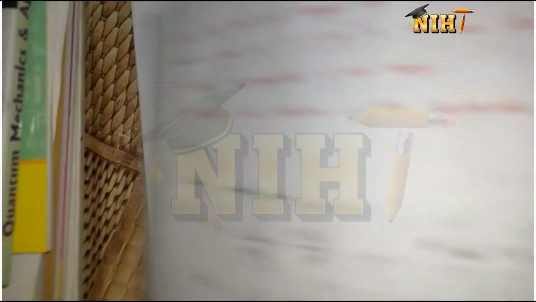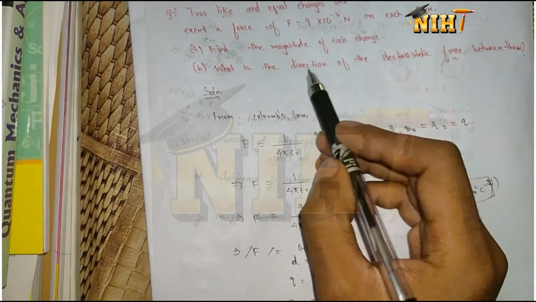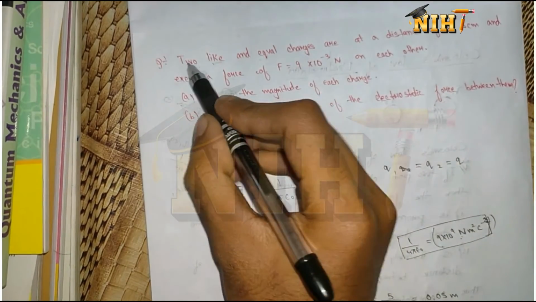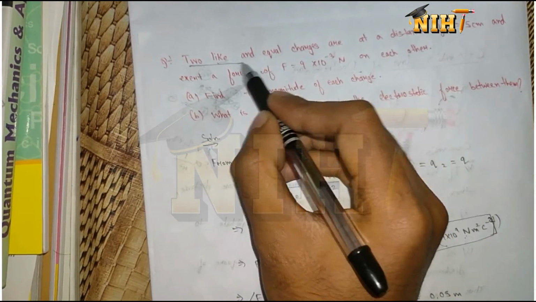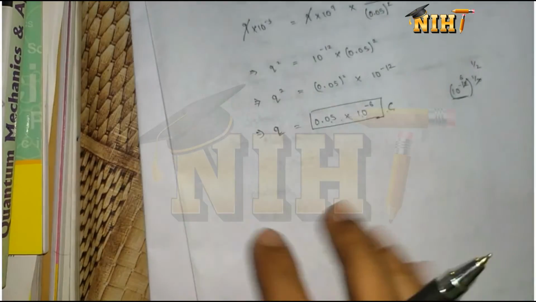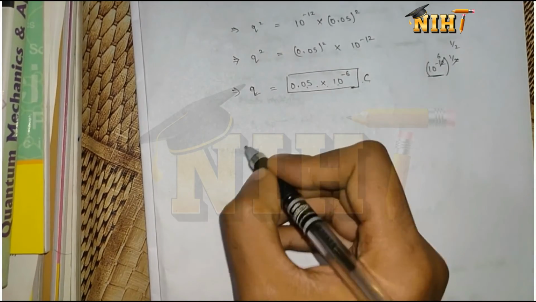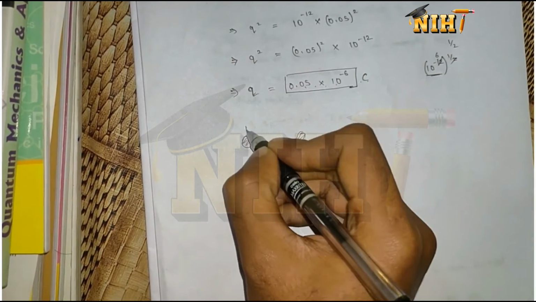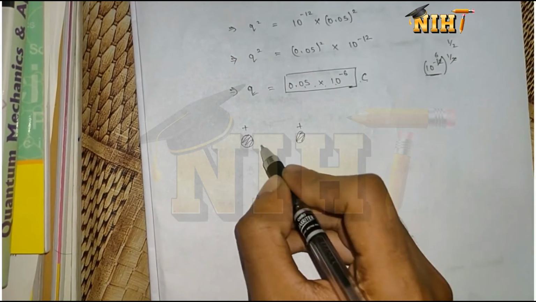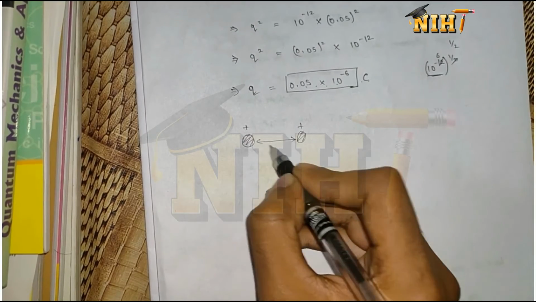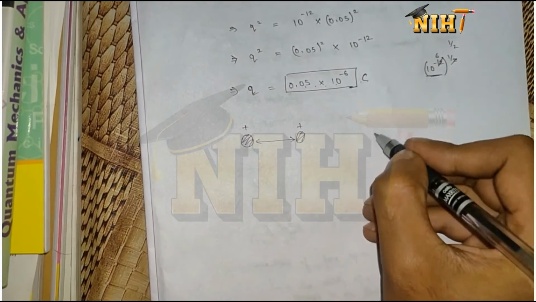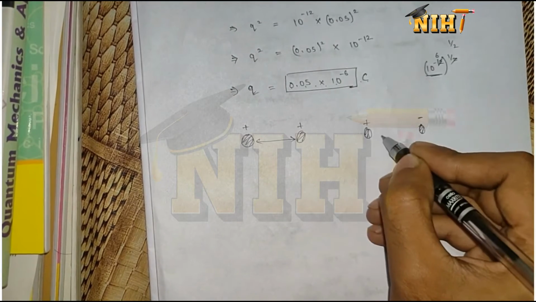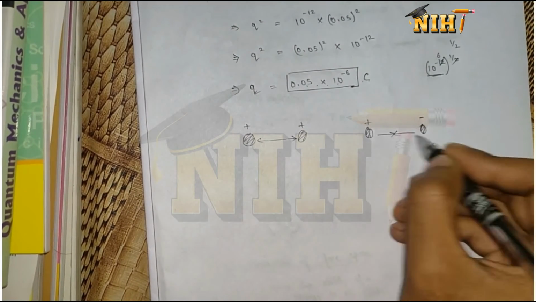Now moving on to the next part of the question: what is the direction of the electrostatic force between them? They have already mentioned that the charges are like and equal. For like charges, say both are plus, they will repel each other, and if the charges are plus and minus, they will attract each other, right?